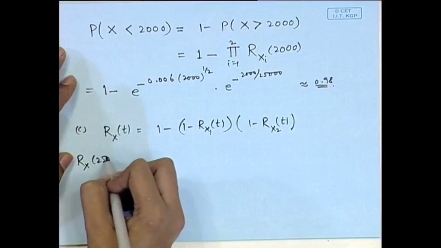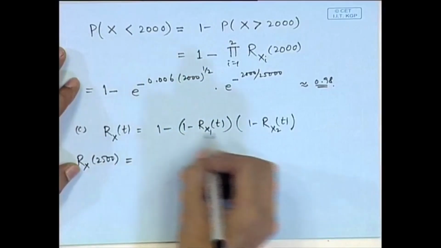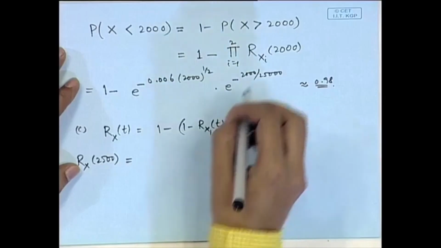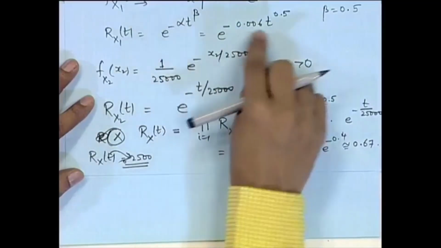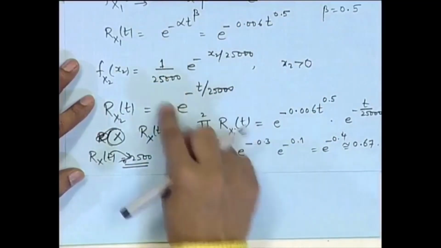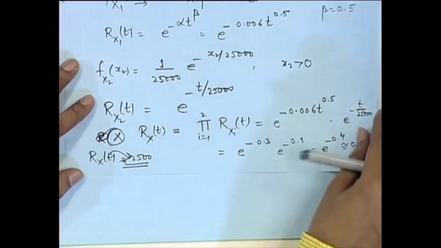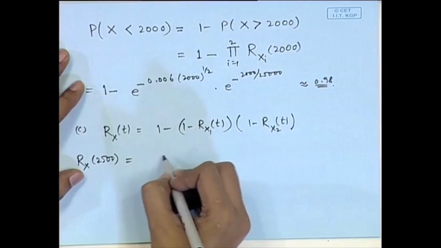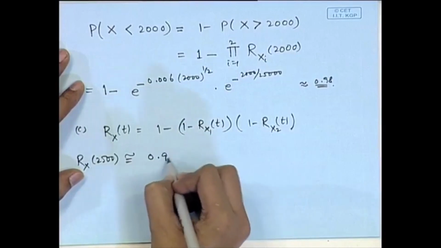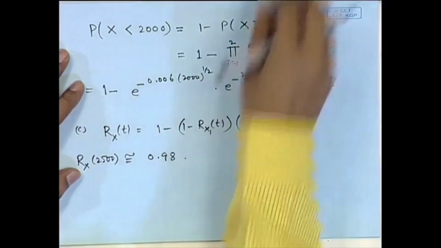Calculating at 2500 hours, after substituting the values of R X1 and R X2 which we have evaluated here, it turns out to be approximately 0.98. Compare the values which we calculated in the two parts.